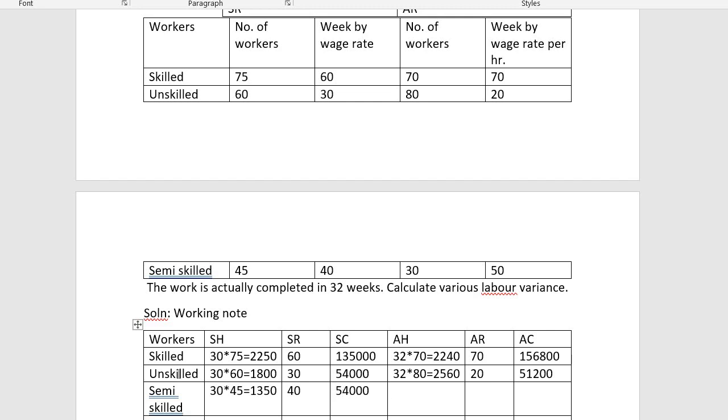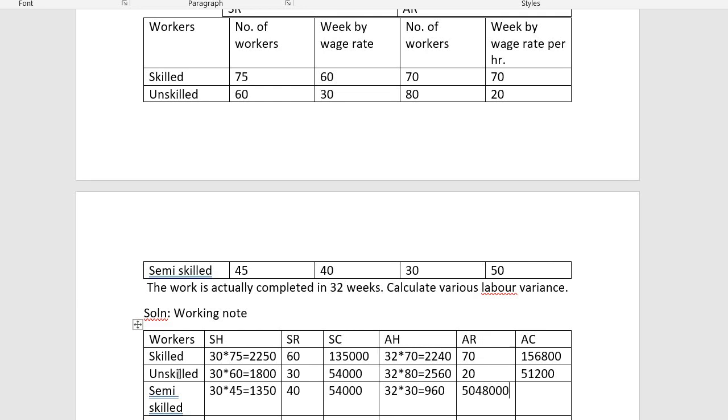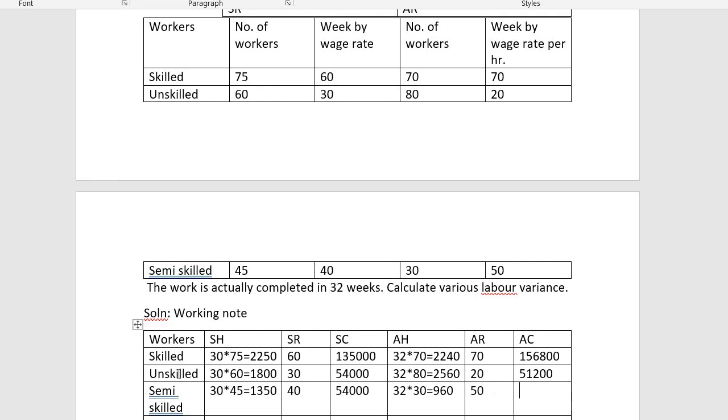And the actual weeks taken to complete the task is 32, with number of workers 30. 32 into 30 will be 960. 960 into the wage rate of 50 comes to 48,000.